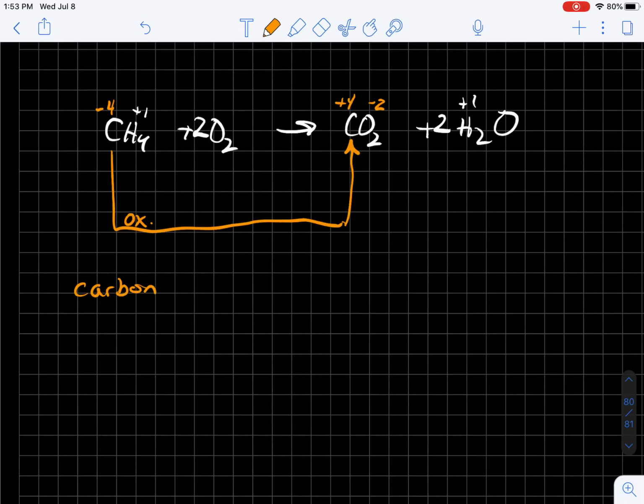We would say that carbon undergoes oxidation. So carbon atoms are oxidized. All right, so that means that something else has to reduce. And the thing that's going to reduce is the oxygen.